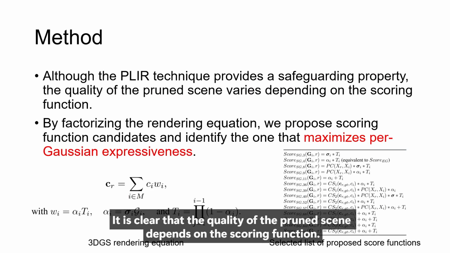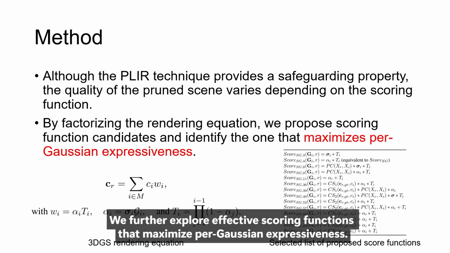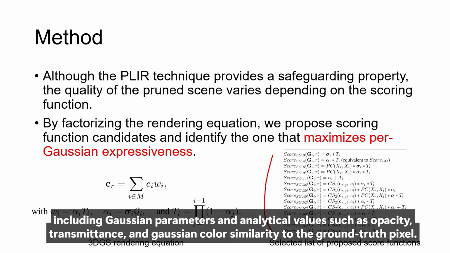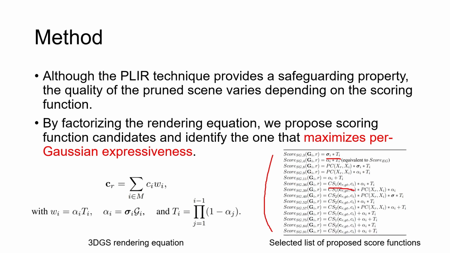It is clear that the quality of the pruned scene depends on the scoring function. We further explore effective scoring functions that maximize per-Gaussian expressiveness. By revisiting the 3D rendering equation, we propose multiple candidate scoring functions by combining its factors, including Gaussian parameters and analytical values such as opacity and transmittance, and color similarity to the ground truth pixel.